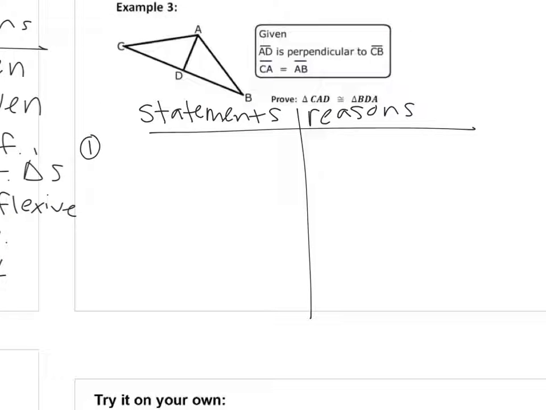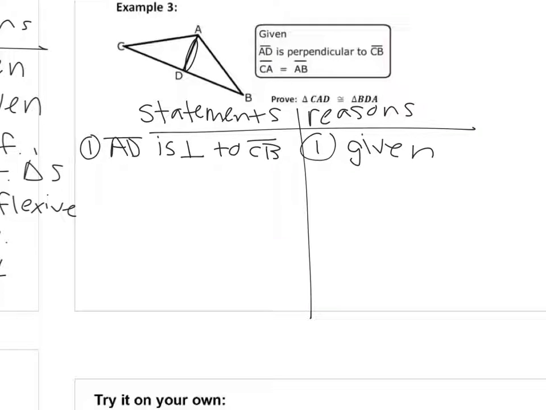Alright, looking at this next proof, let's write our statements and our reasons. So the first statement is AD is perpendicular to CB, given. Alright, so if this is perpendicular to this, I should have some right angles.